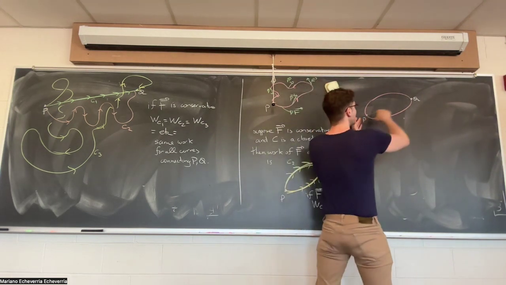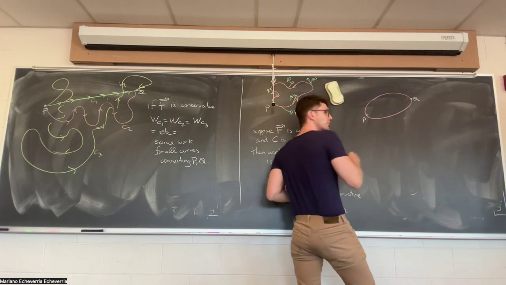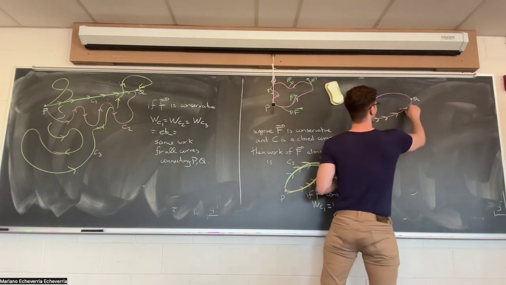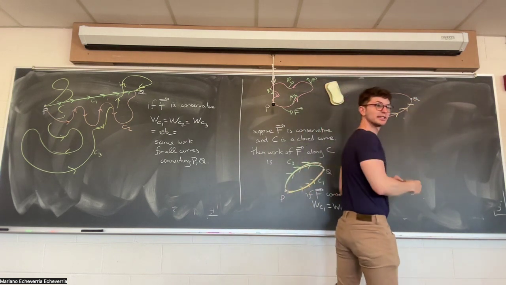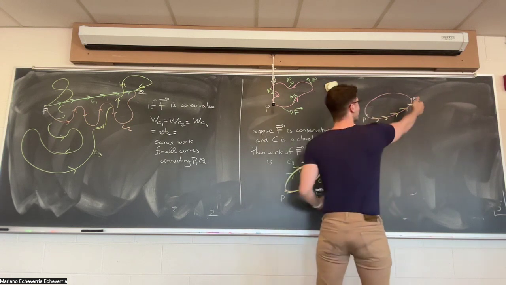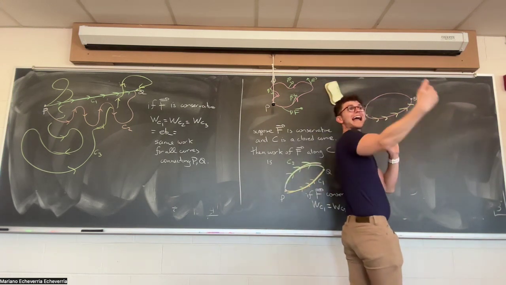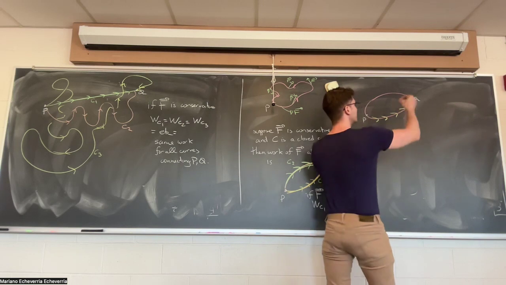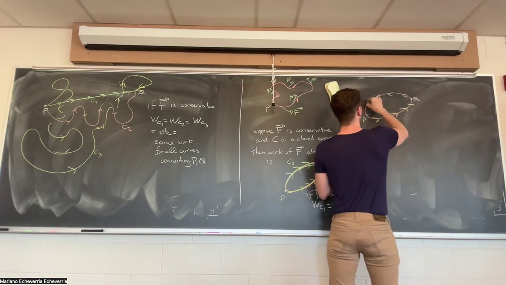You can drive from P to Q in the same direction as the yellow curve. That's why the arrows are important in these types of problems. But then you drive from Q to P, so you're going against the green curve. So I'll put the arrows going backwards.